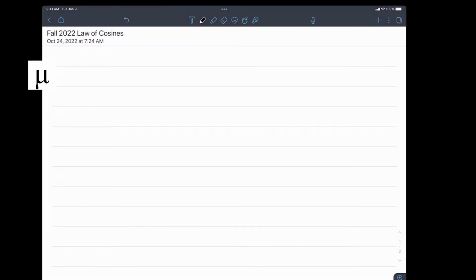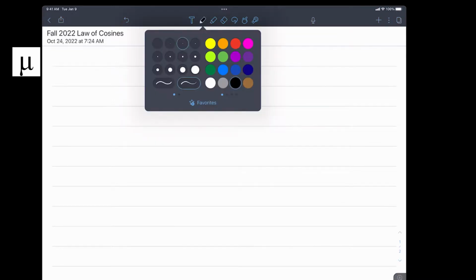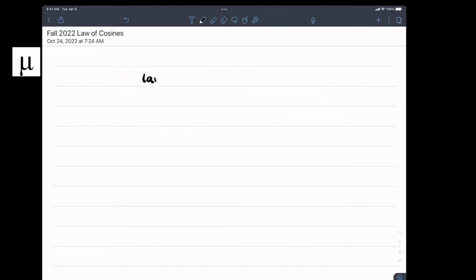Okay, so let's do this law of cosines. Now, you might say, what in the world is law of cosines?